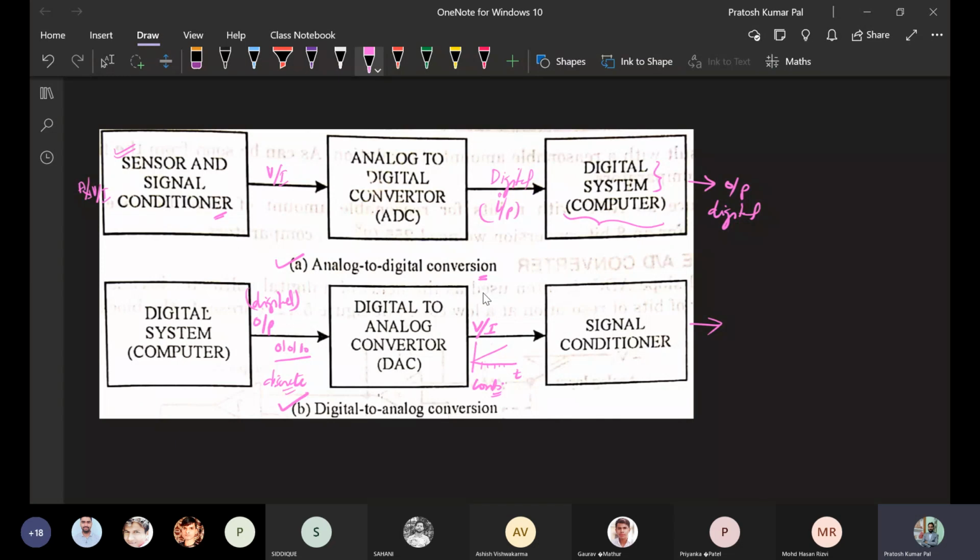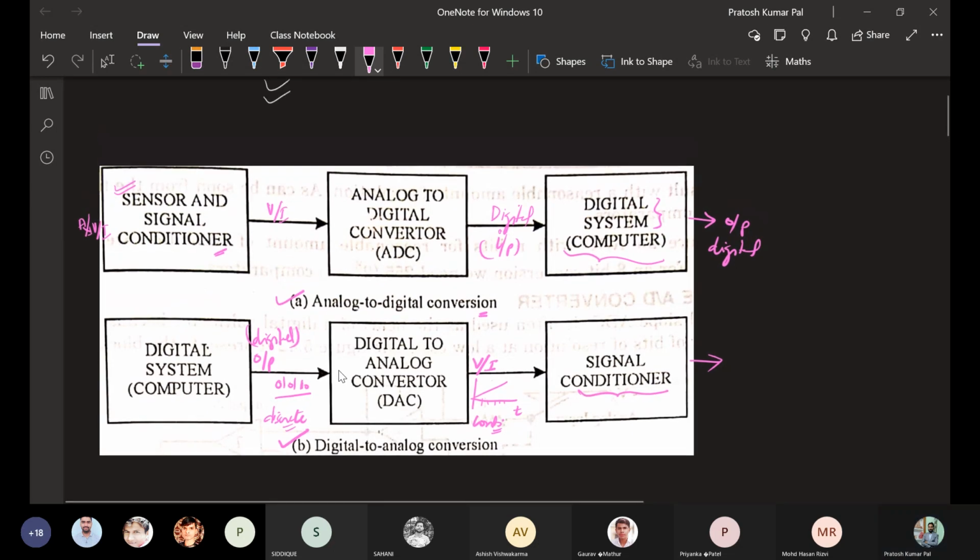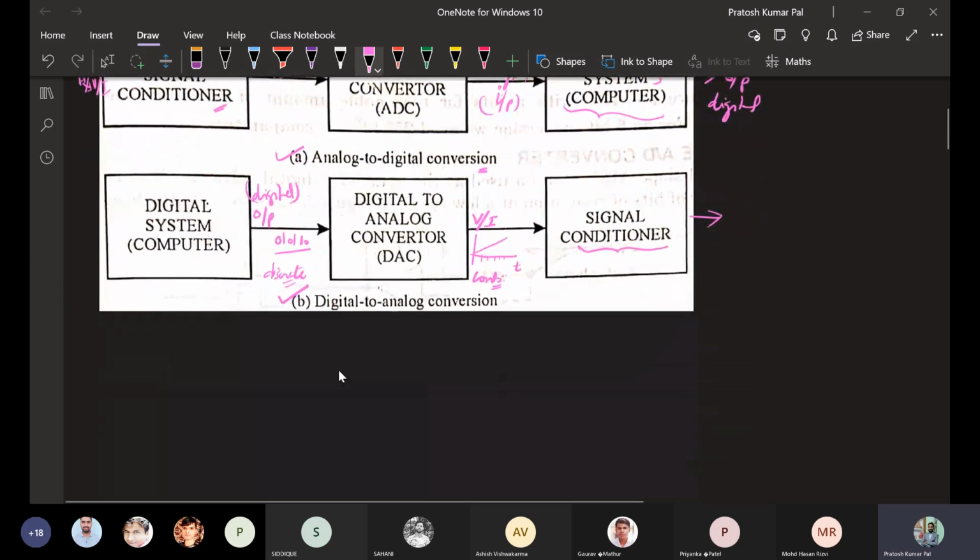This pressure variation results in a voice through this speaker. Okay, so there will be some signal conditioning taking place. This is how the analog to digital converter and digital to analog converter require different systems and components.